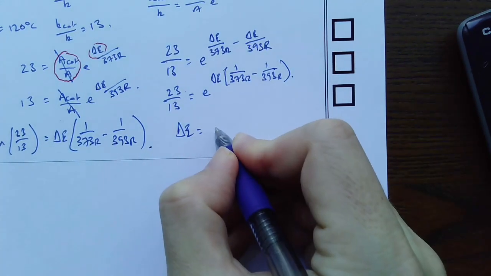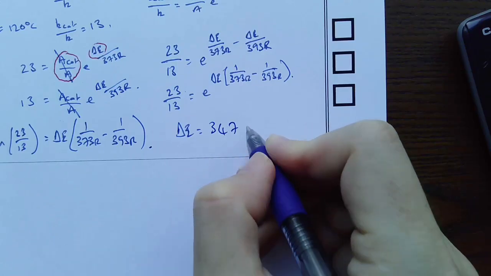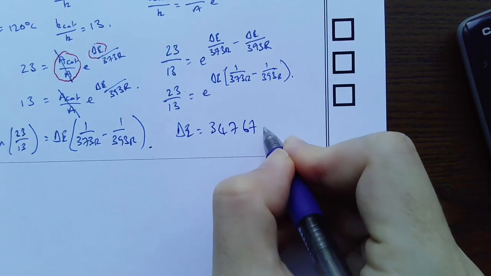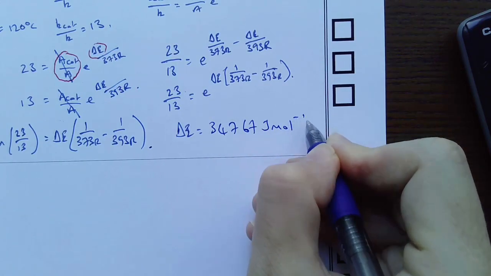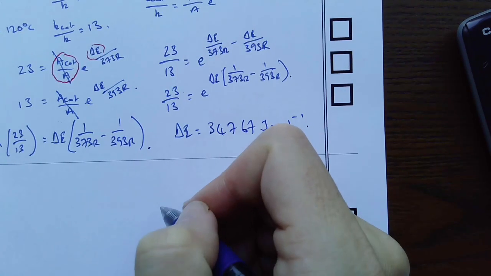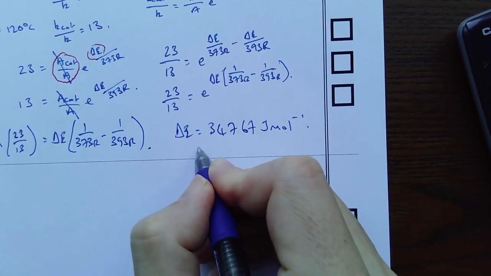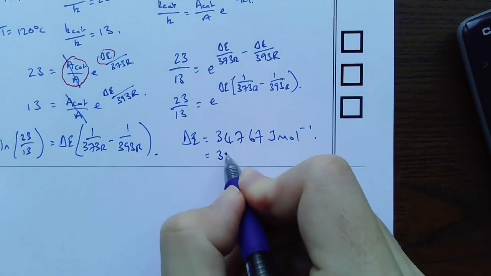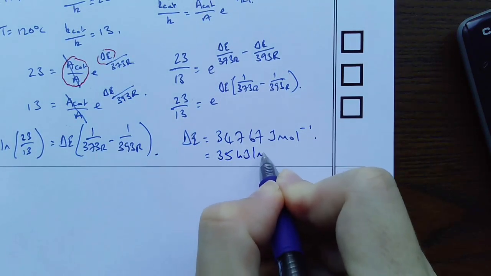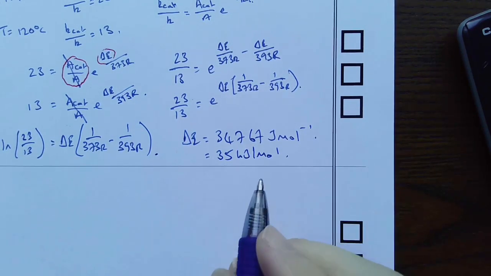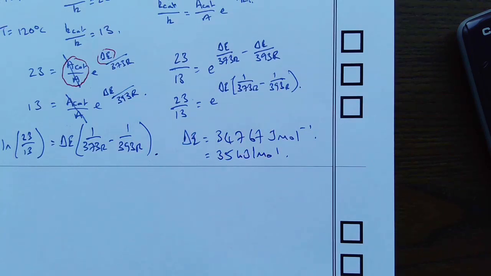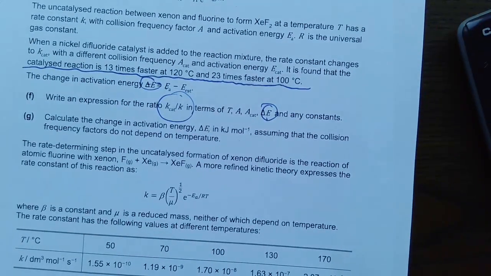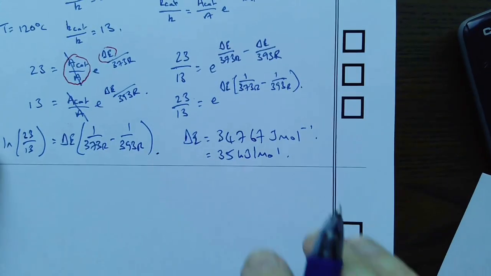So this is going to give us 34767 joules per mole, which I'm going to put down as 35 kilojoules per mole. And then we can carry on. Again, I feel like that is a good 3 marks as well.